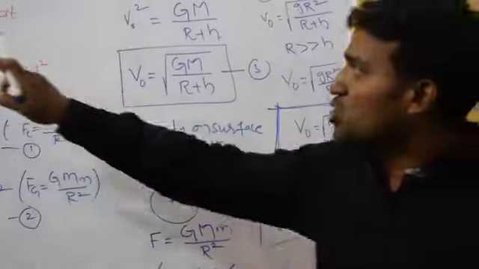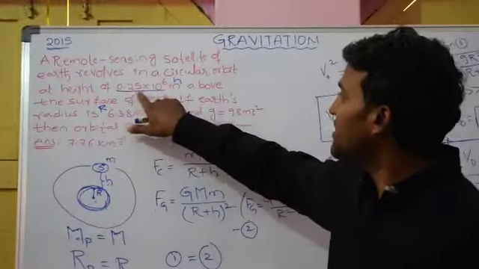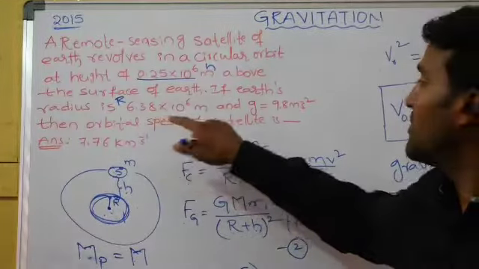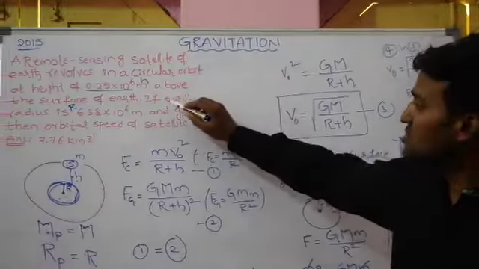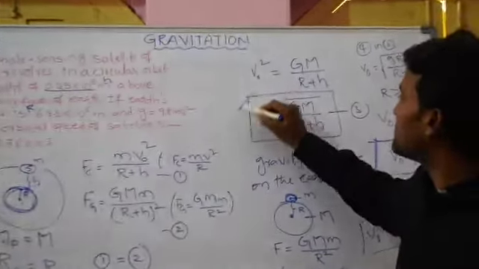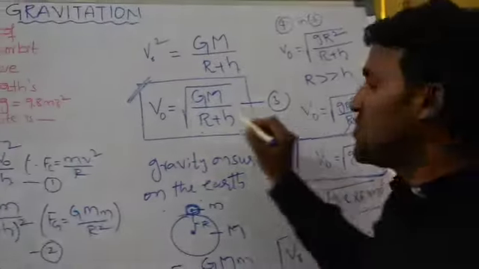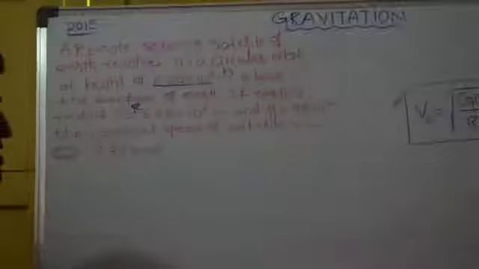But in the 2015 NEET question, they gave height and radius. So what do we have to solve it with? We can solve this question by using equation number 3.